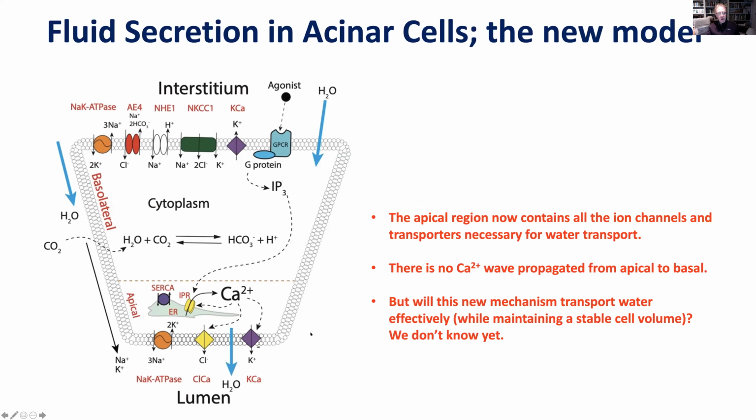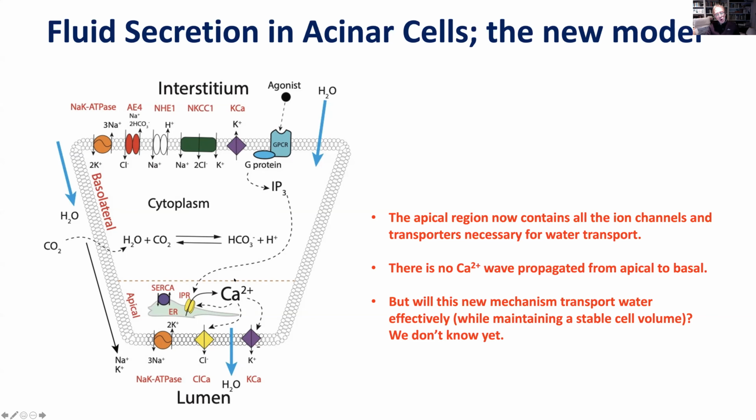There is, I should add parenthetically, quite a lot of data that most of the channels and transporters that are in the basal membrane also sit in the apical membrane, possibly at lower density, but they seem to be there. So for example, we've shown that there's an ATPase in the apical membrane, which was unexpected. We've shown there's a calcium activated potassium channel in the apical membrane, which again was unexpected.